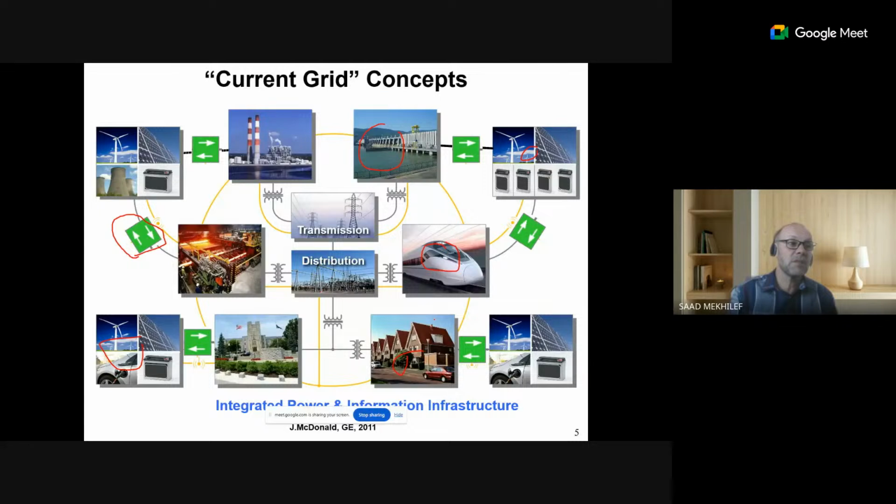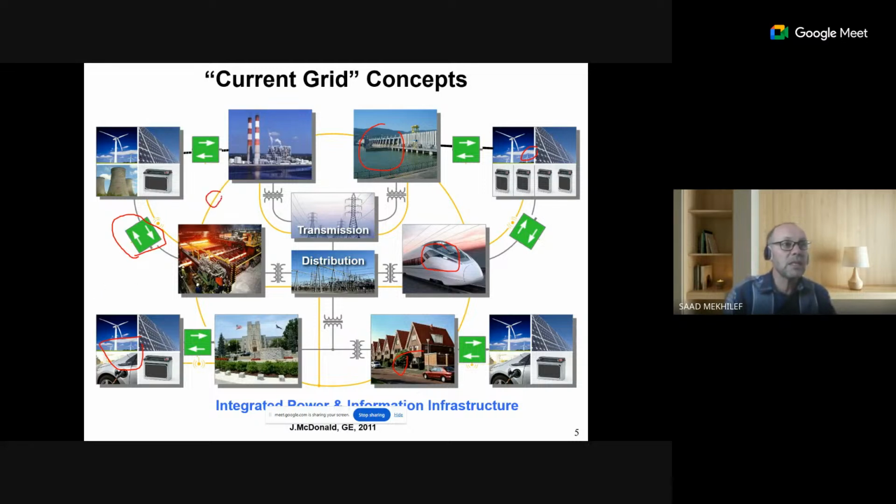We will have a lot of users or participants which can accept energy and also inject into the grid.